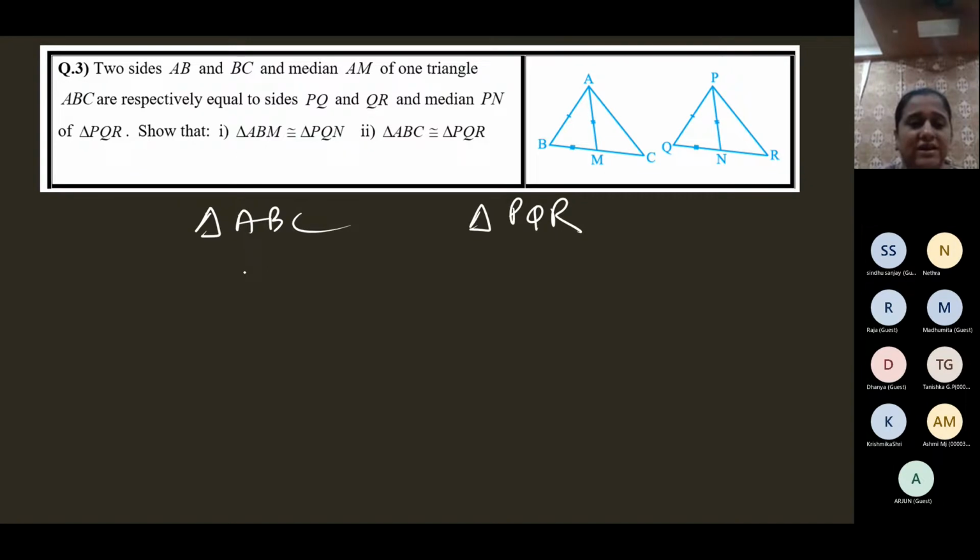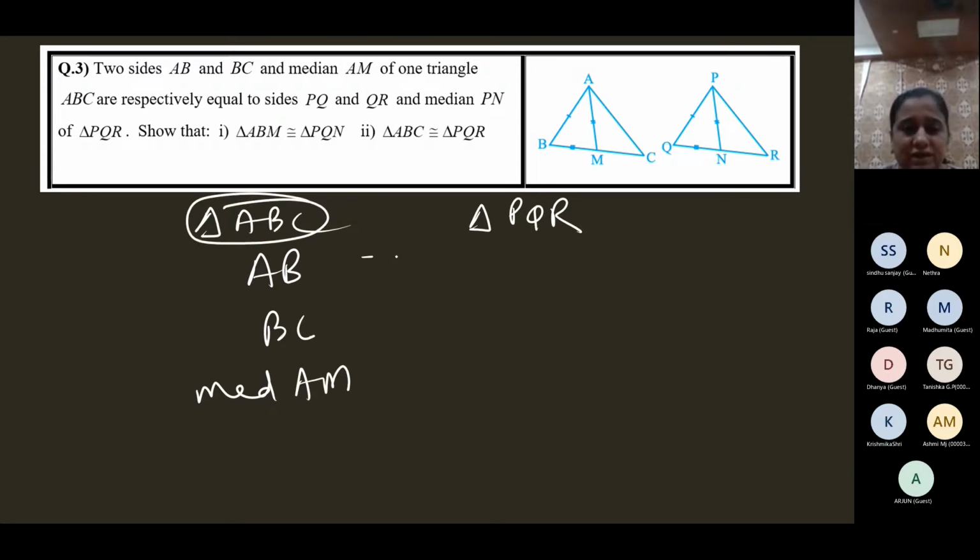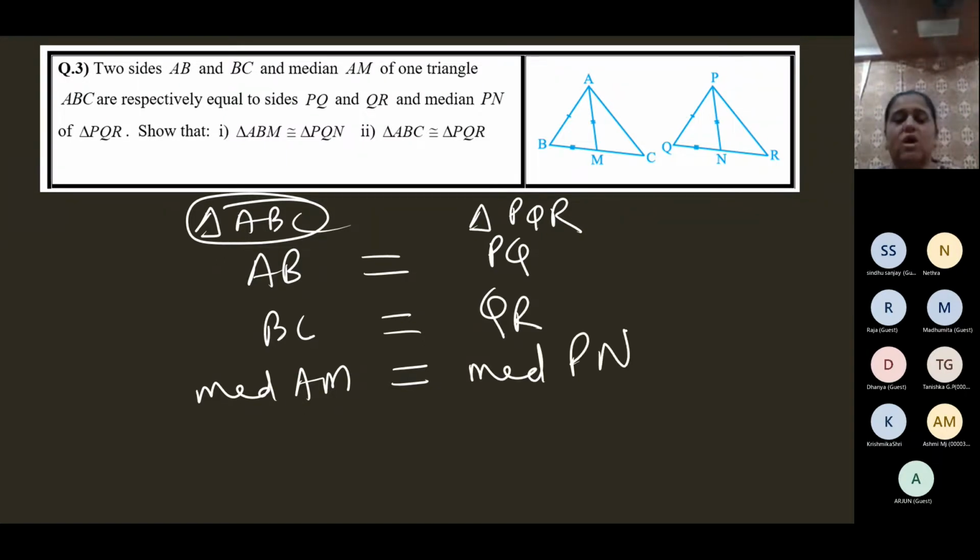The sides AB, BC, and median AM of triangle ABC are respectively equal to the sides PQ, QR, and median PN of triangle PQR. So this is the information given. With this given, you'll have to show 1 and 2: ABM congruent to PQN and ABC congruent to PQR.